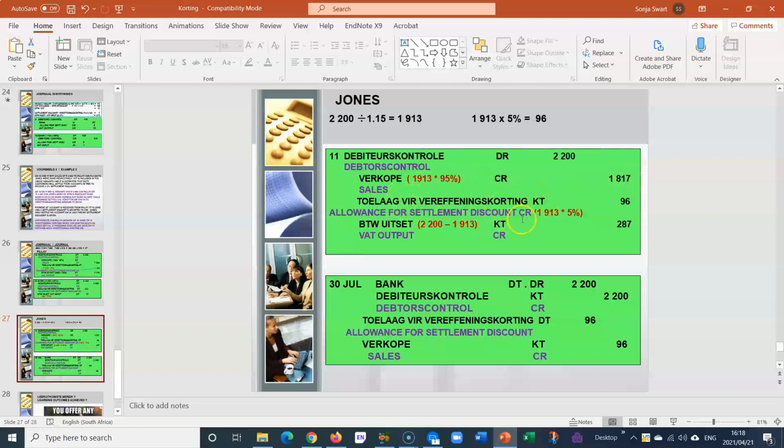So when we're going to take out this 96 Rand, we have to debit this allowance account with 96 Rand. We're going to put the counter leg to sales. So we're going to credit sales with 96 Rand. Sales will now be equal to 1,817 plus 96, which will bring you back to the VAT exclusive sales of 1,913, what it should have been if there was no discount available.